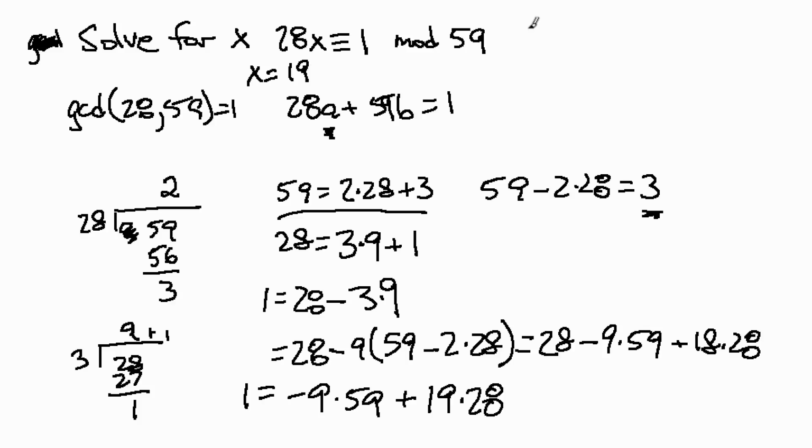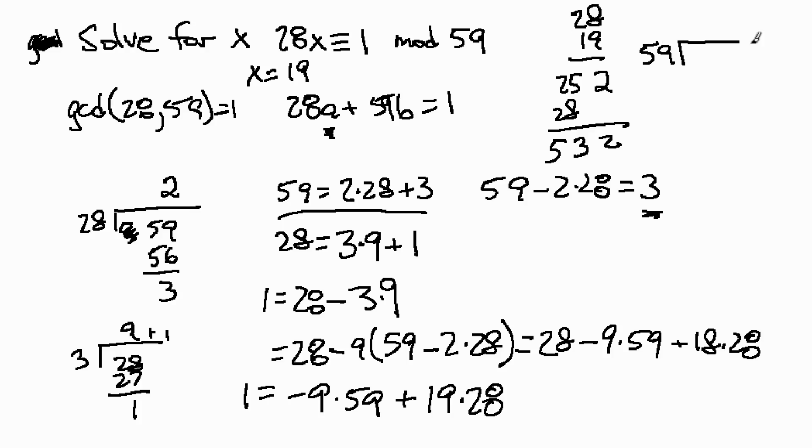We can prove it. I'm going to come over here and go 28 times 19. That's 72. Carry the 7. 9 times 2 is 18 plus 7 is 25. I'm going to come over here and I have 28. So that gives me 2, and that's a 3. Carry the 1. That's 532. Now what I need to do is divide 59 into 532.